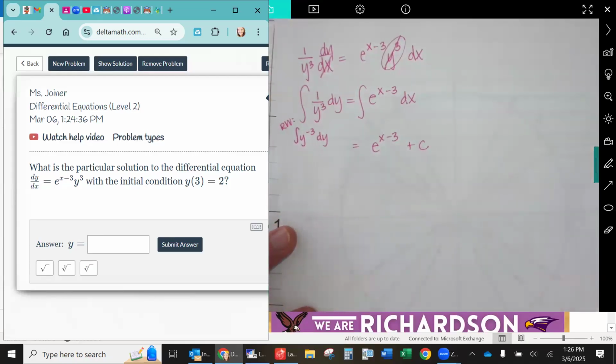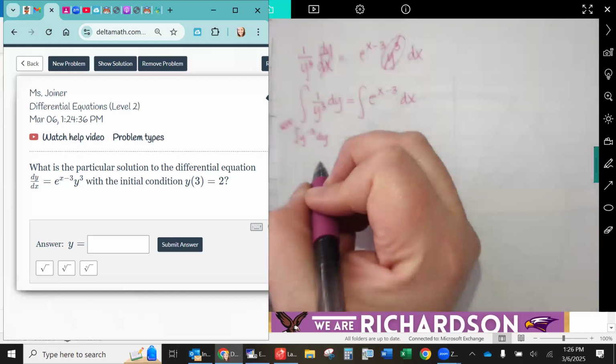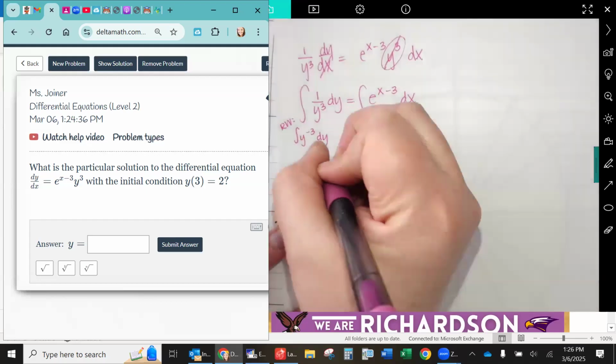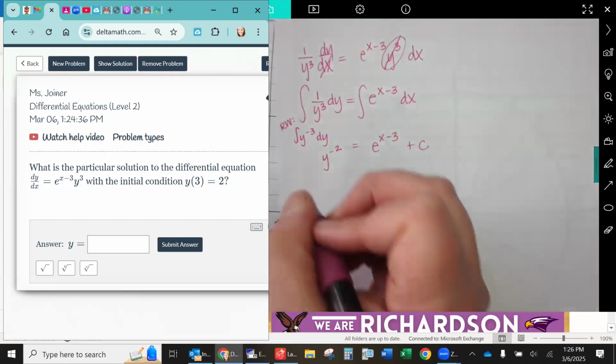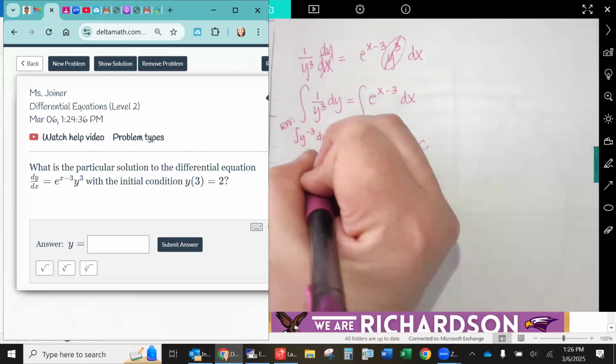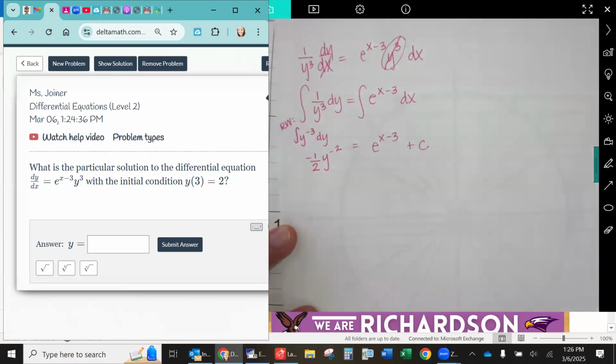Okay, then I'm going to add 1 to that. What is the new power if I add 1 to negative 3? Negative 2. And then if I have to divide by negative 2, I'm going to put a minus 1/2 in the front. Okay, but however you want to think about that, basically when you add the 1 to get the negative 2, you have to divide by that to the front.